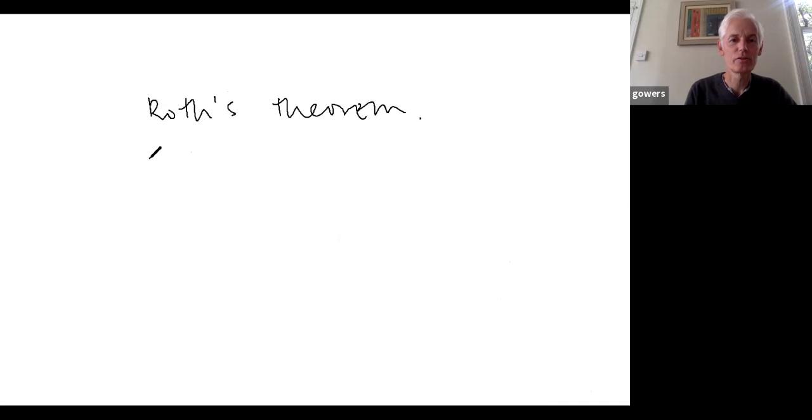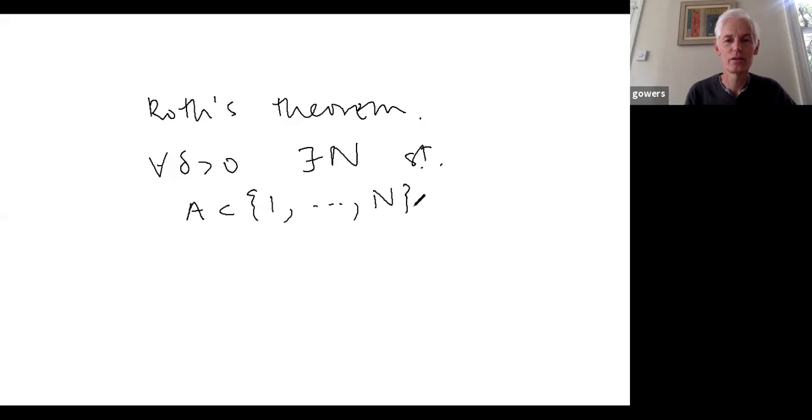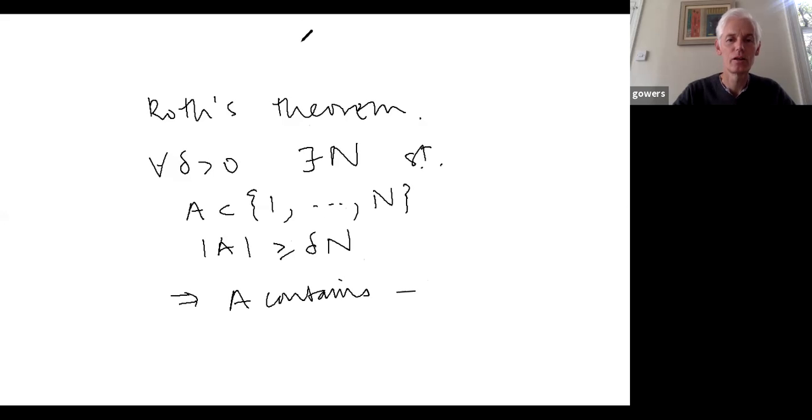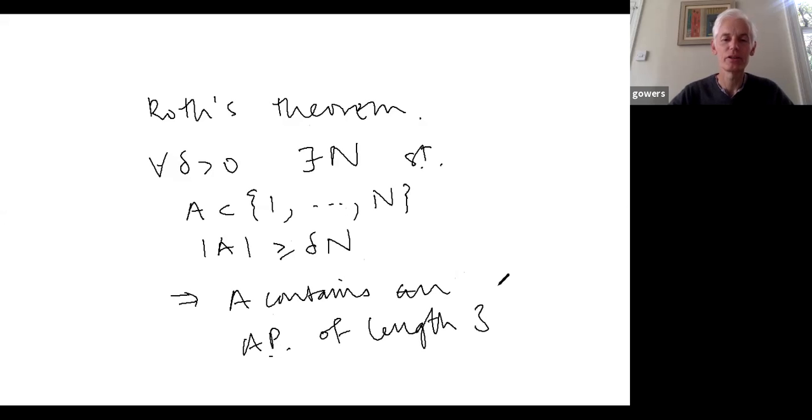It says, for all delta greater than 0, there exists an n such that if A is a subset of 1 to n, and the size of A is at least delta n, then A contains an arithmetic progression of length 3.